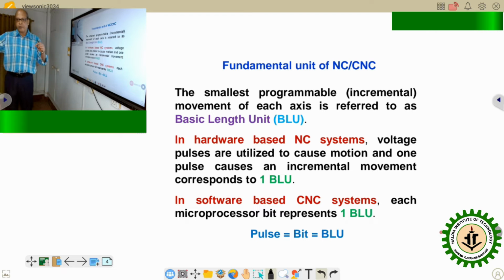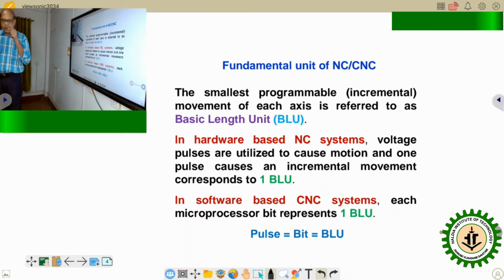Now for one complete revolution of the lead screw, what will be the linear displacement of the slide? Just like a nut bolt system, it will be equal to lead or pitch. So 360 degree rotation of the lead screw causes p millimeter of linear displacement. So for alpha by Rg, what will be the corresponding linear displacement?